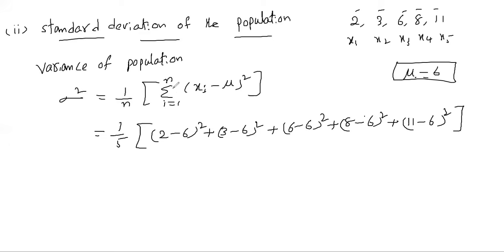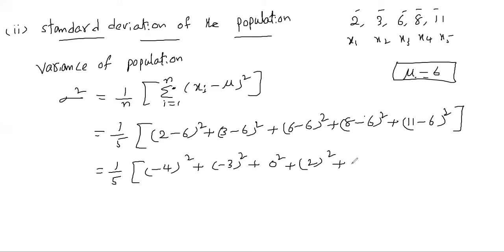So your summation will be there, so that's the reason we put the plus. So 1 by 5 into 2 minus 6, minus 4 whole square, 3 minus 6, minus 3 whole square, 6 minus 6, 0 square, 8 minus 6, 2 square, 11 minus 6. What is 11 minus 6? Its value is 5, 5 square.